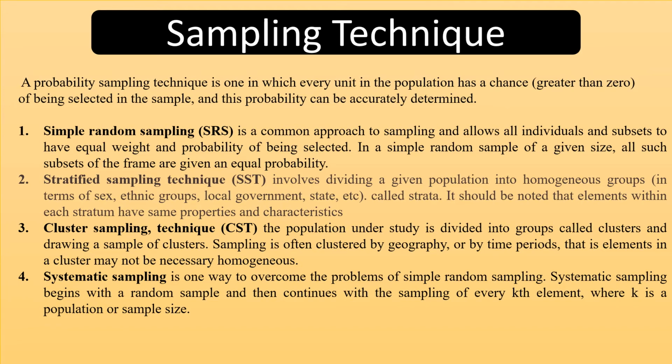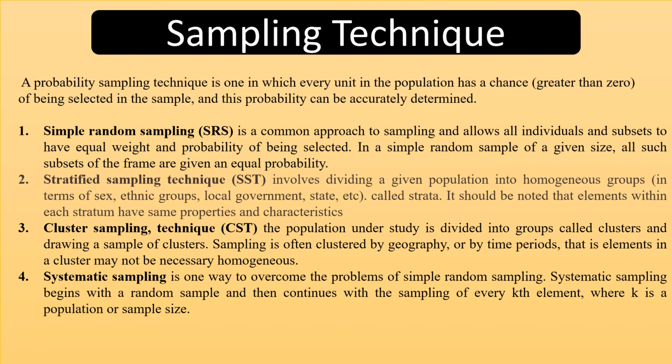So what do you mean by this? What we mean is you try to have it in such a way that in the population you can have a nomenclature on every list in that population. And from there, you'll be able to make your selection based on the kth elements.